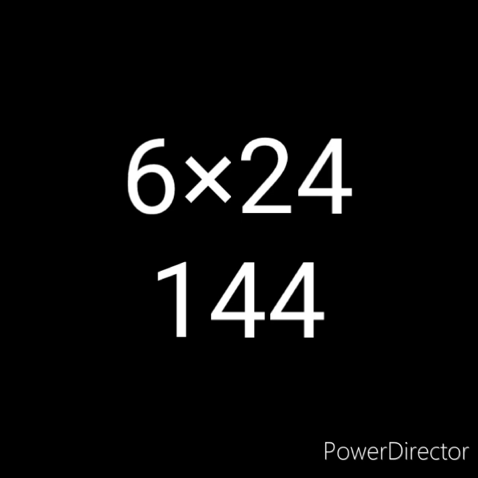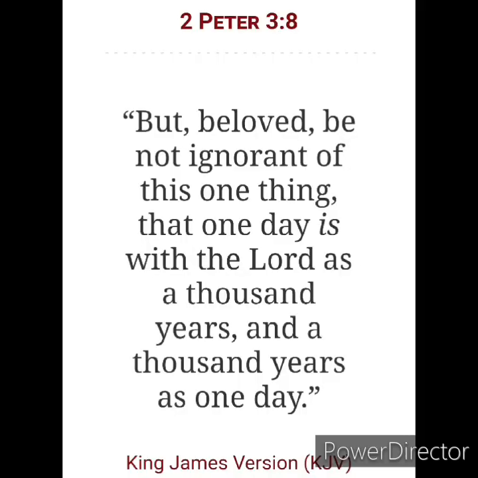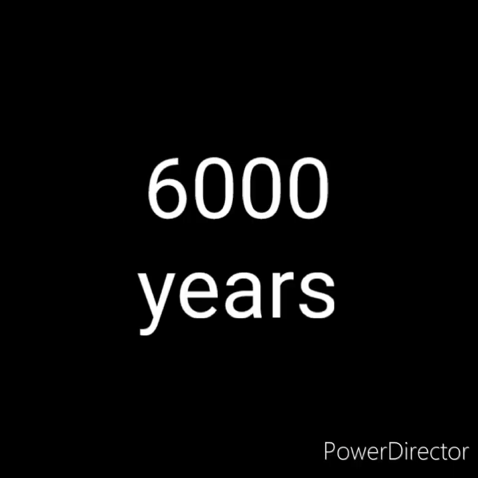Of course it does. But then we take in 2 Peter chapter 3, verse 8. A day is as 1,000 years to the Lord, and 1,000 years is as a day to the Lord. So instead of 6 days, let's say 6,000 years, right? Because a day is as 1,000 years to the Lord. So 6 days in turn equals 6,000 years.